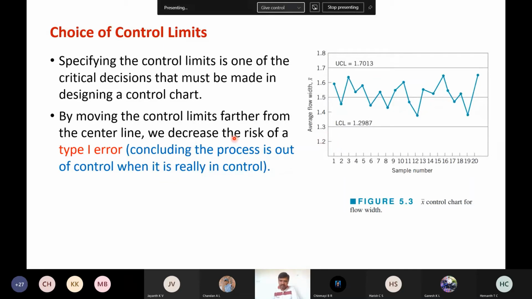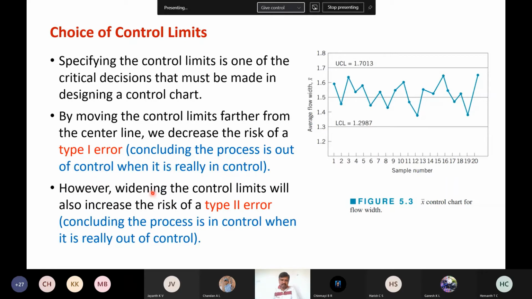We decrease the risk of a type 1 error, concluding the process is out of control when it is really in control. However, widening the control limits will also increase the risk of type 2 error, as we discussed. If we go for widening the control limit, that may end up in concluding the process is in control when it is really out of control.